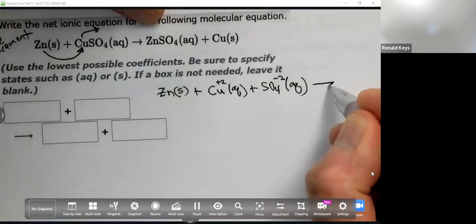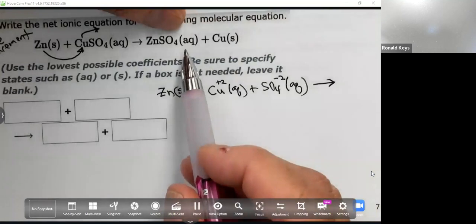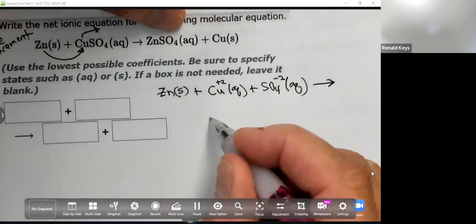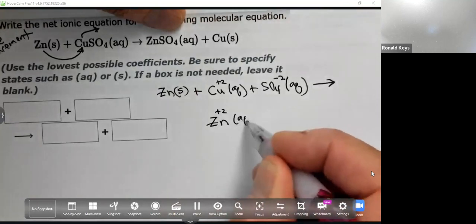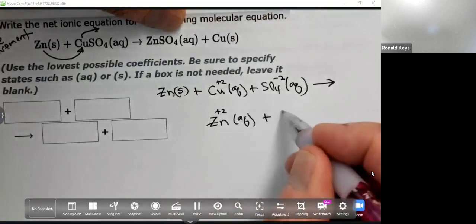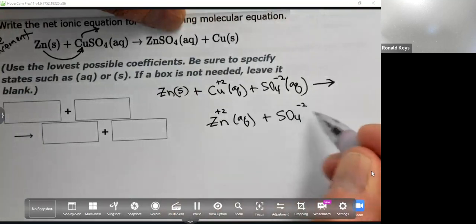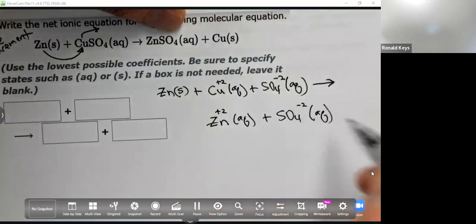We've got an arrow. Then we've got zinc plus 2 aqueous, and SO4 minus 2 aqueous, plus copper solid.